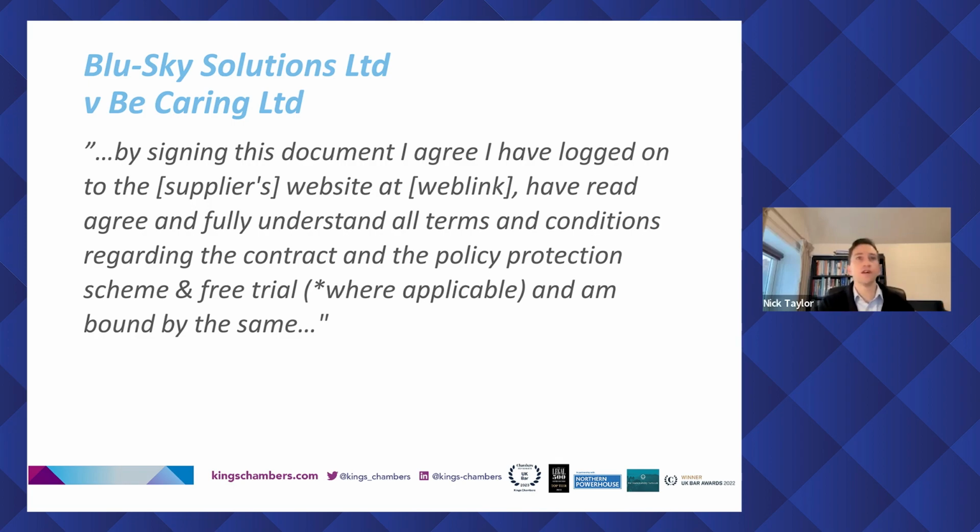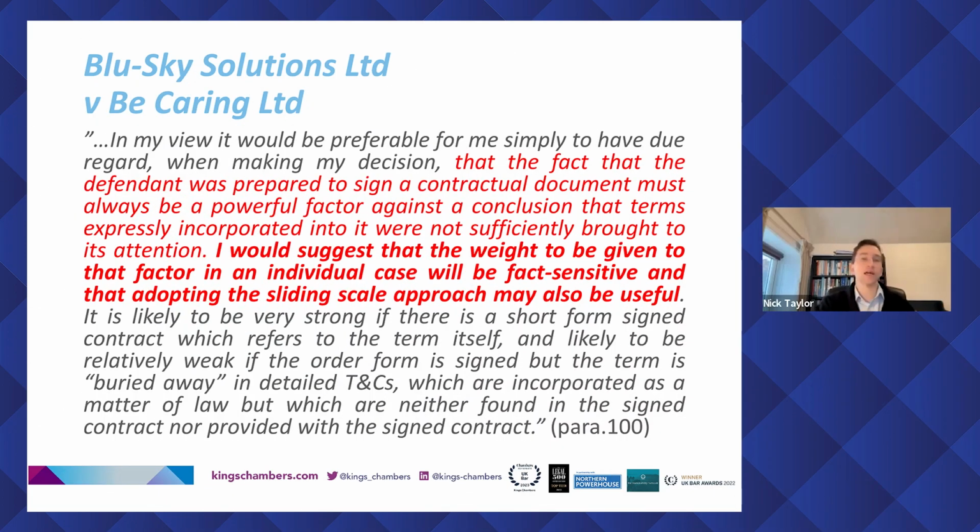There is actually a nice quote from Judge Davis on this. I should say I'm generally loath to put quotes from cases in talks like this. I realise I've done it a lot already, but anyway, here it is. The part in red, I think, is good. I like the language of a signature simply being a factor when considering sufficiency of notice, albeit a very powerful one, and the concept of a sliding scale.